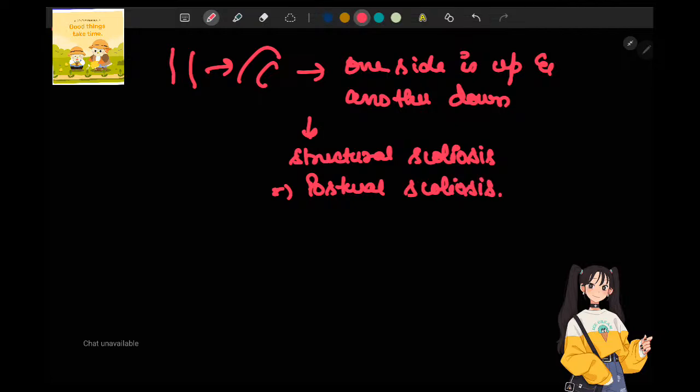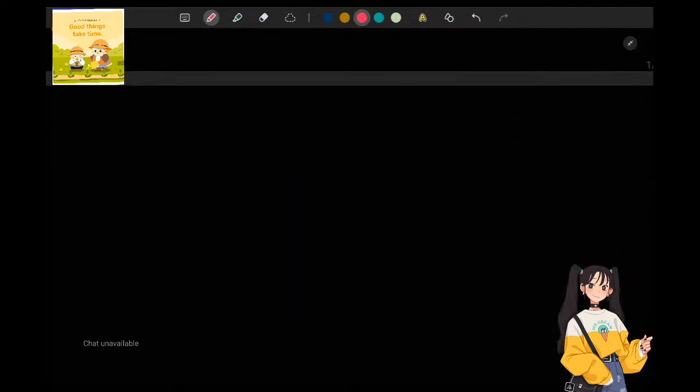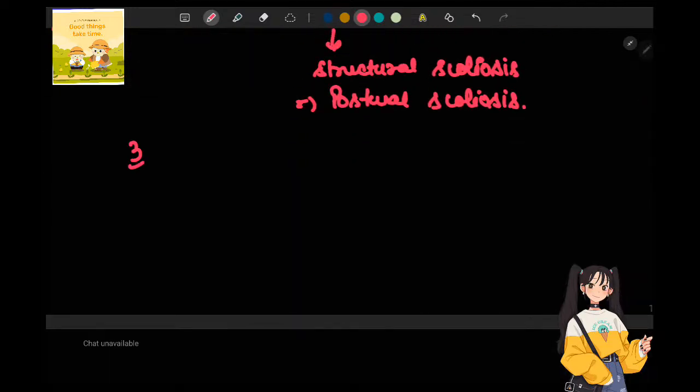Okay, then the third test we will talk about is the modified Allen's test.